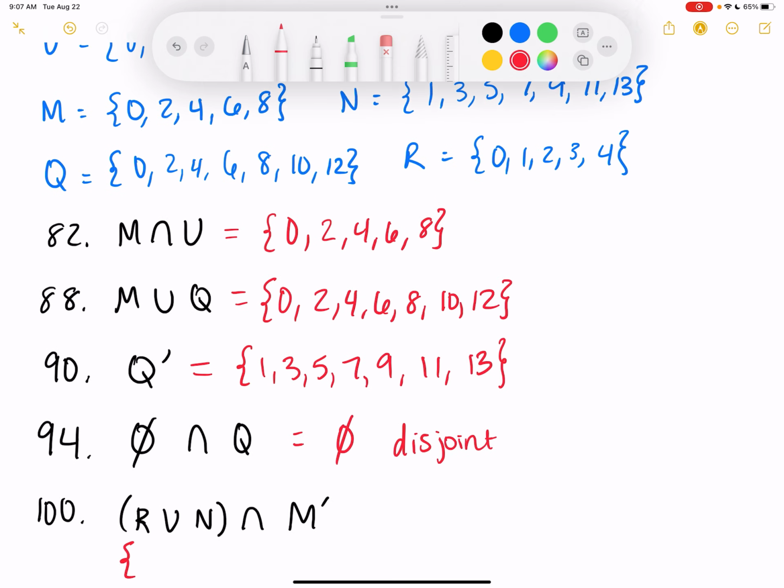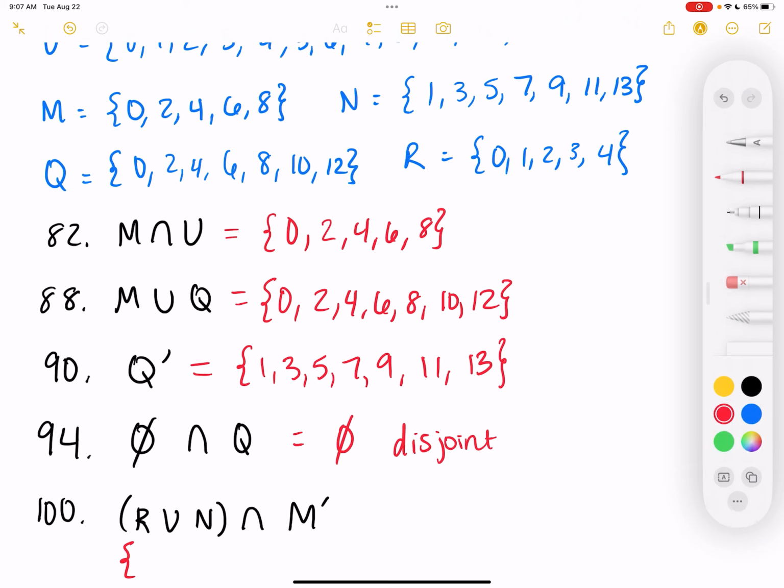So what is the union of R and N? 0, 1, 2, 3, 4, 5, 7, 9, 11, 13.